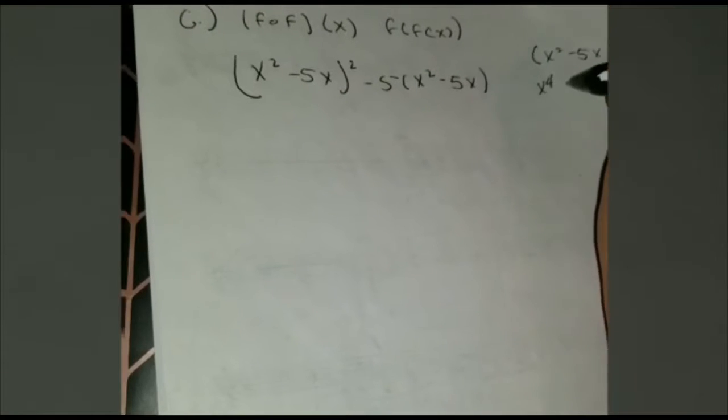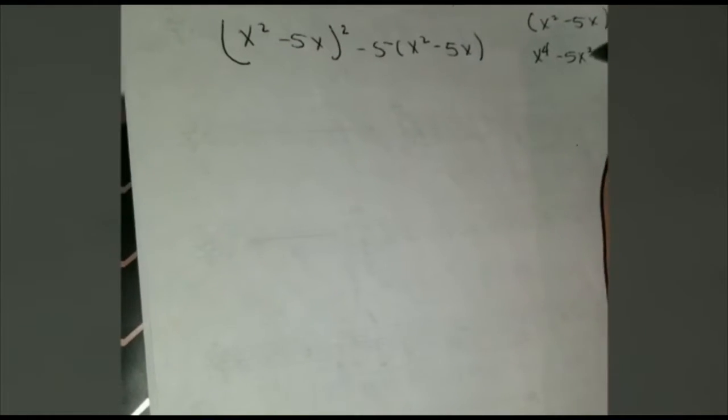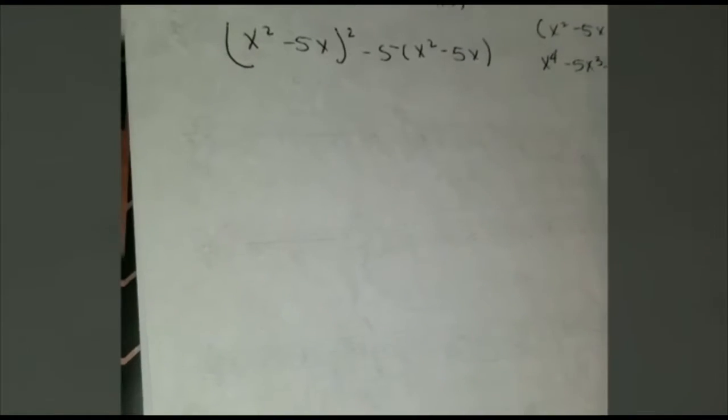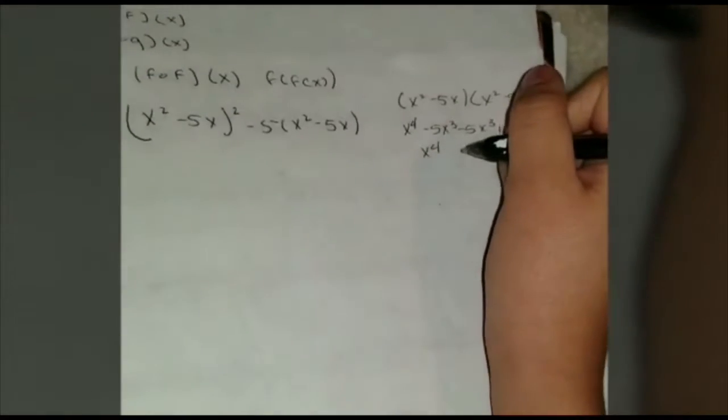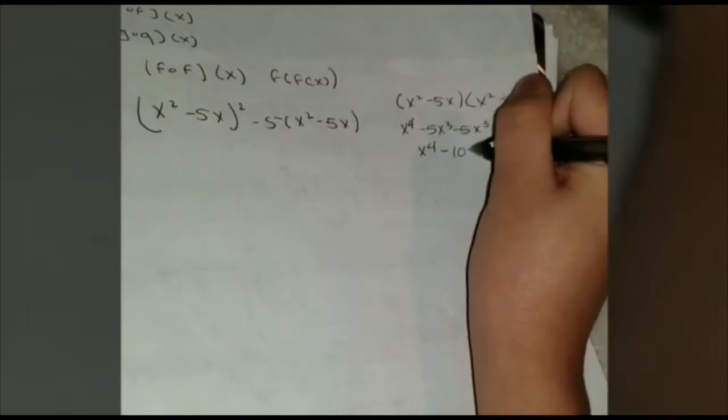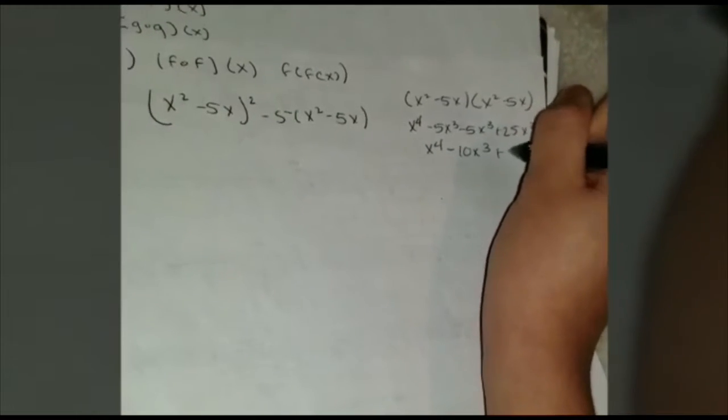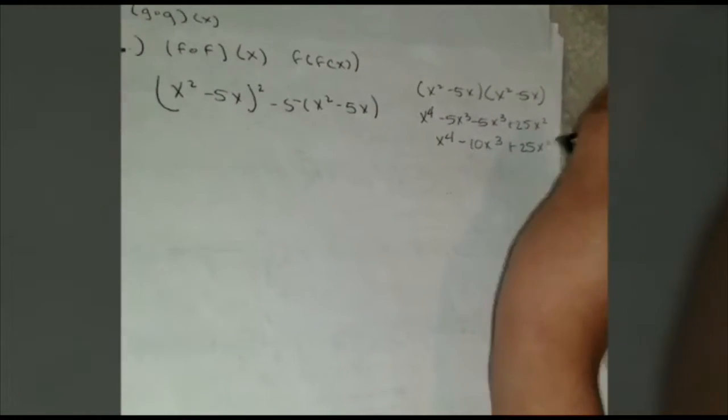So it's going to be x squared minus 5x times x squared minus 5x. So you're going to end up getting x to the 4th minus 5x cubed minus 5x cubed plus 25x squared. And if you combine like terms, it's going to be x to the 4th minus 10x cubed plus 25x squared.